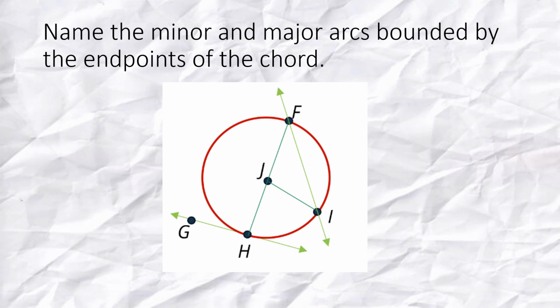Lastly, we will name the minor and major arcs bounded by the endpoints of our chord. Remember that an arc is a portion of the circle bounded by two points on the circle.